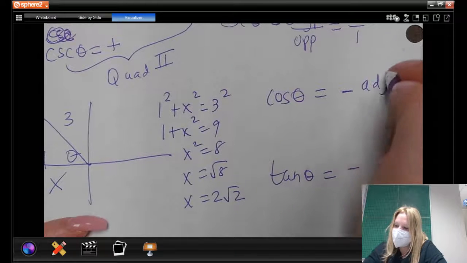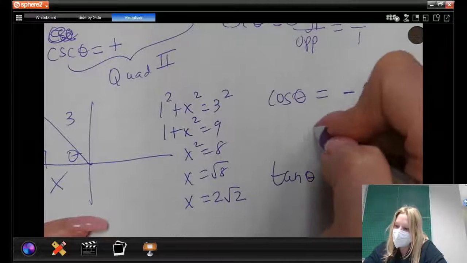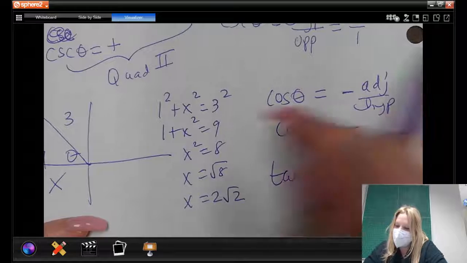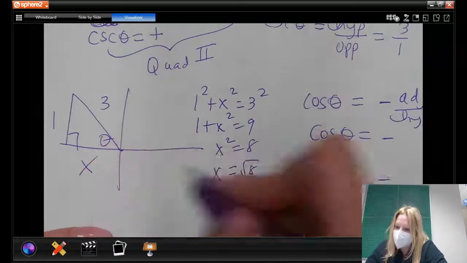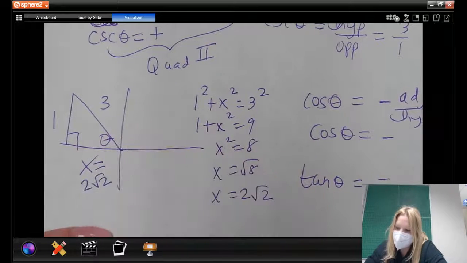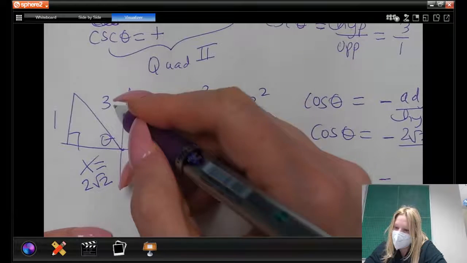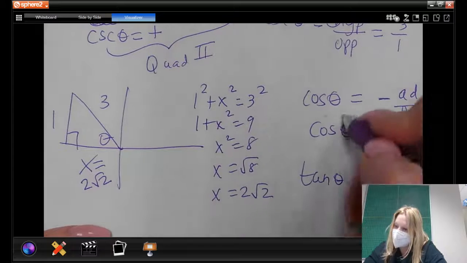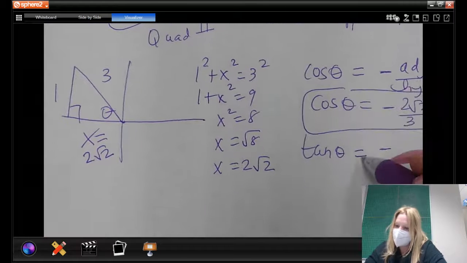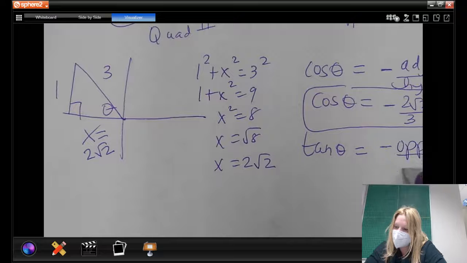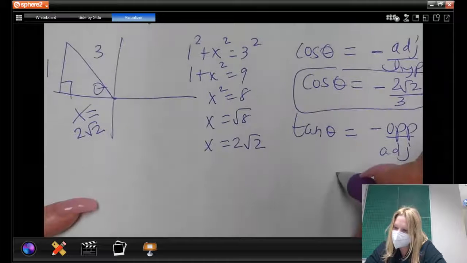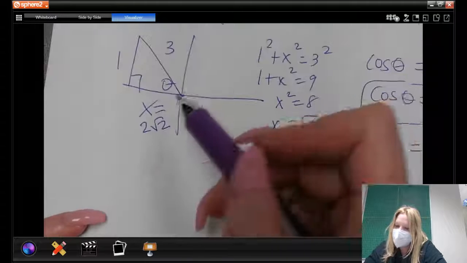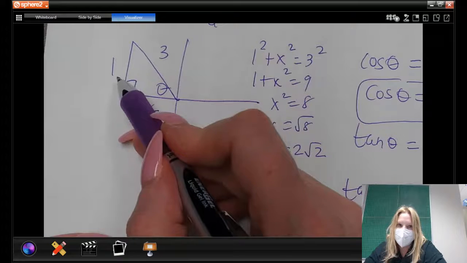Cos is adjacent over hypotenuse. So cos theta is negative. Let's see, adjacent, we figured this out to be 2 radical 2 over hypotenuse is 3. Tan is opposite over adjacent. Opposite the theta is 1.